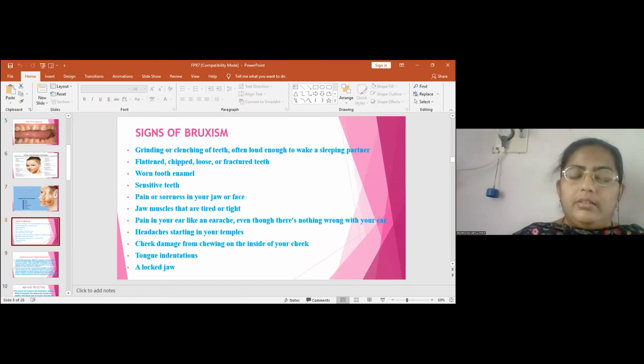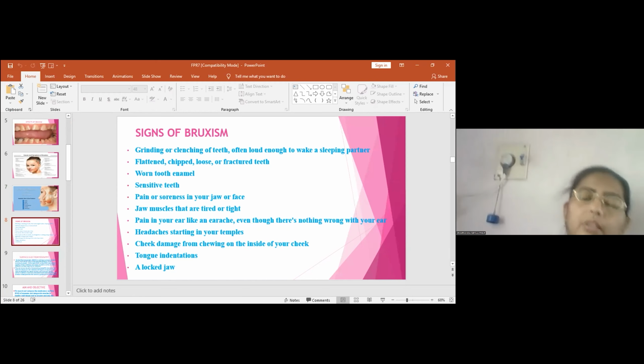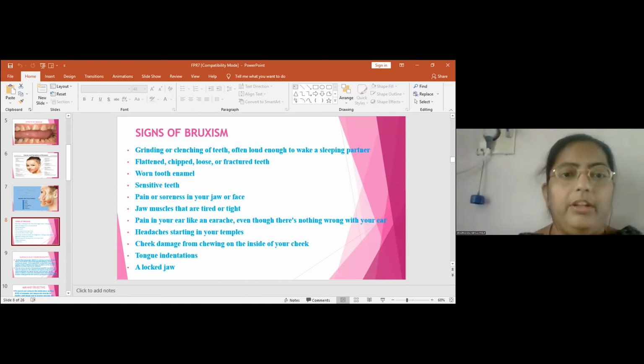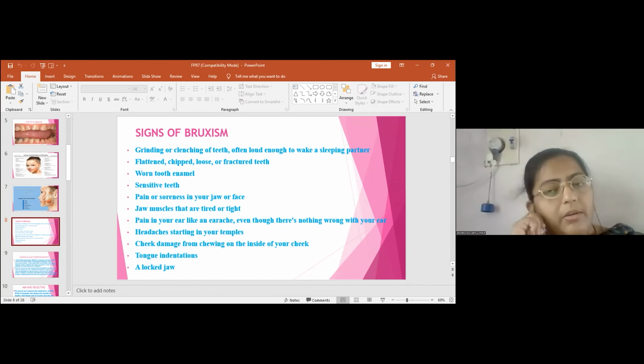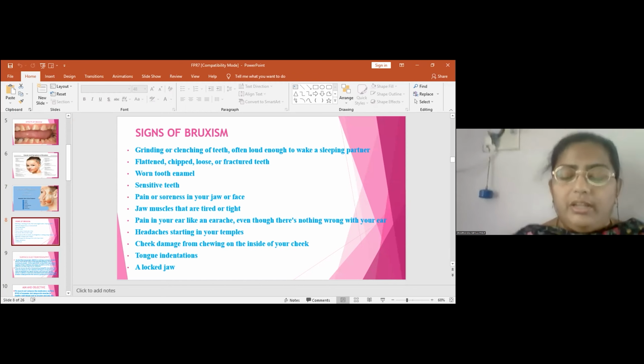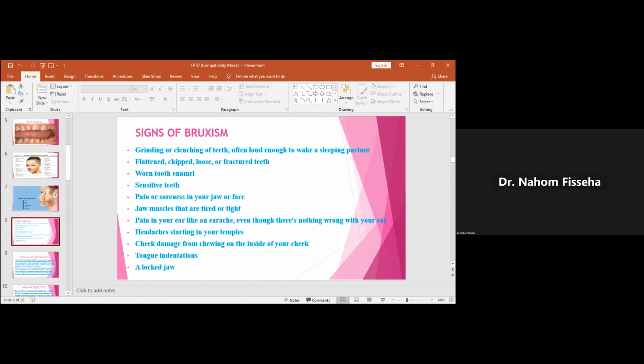This is a list of the signs of bruxism to sum it up. The patient can grind or clench the teeth, often loud enough to wake a sleeping partner. We know that bruxism is generally classified as nocturnal or diurnal.